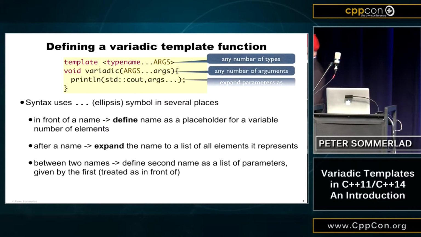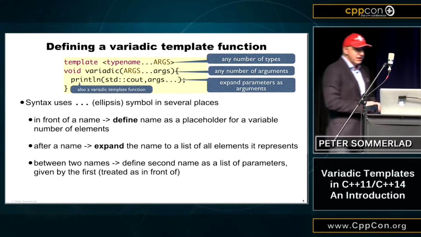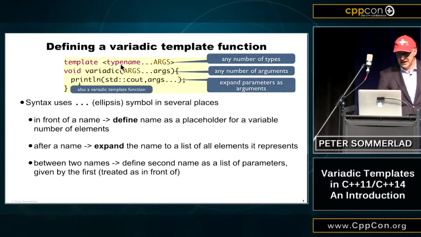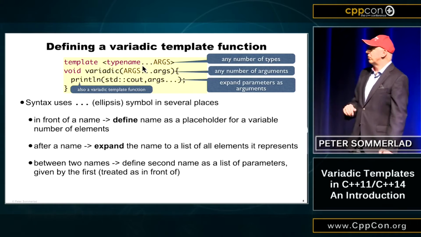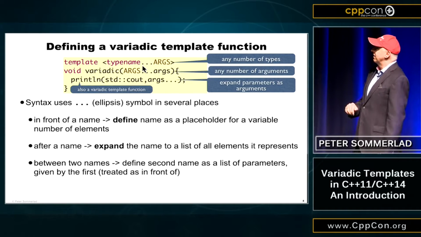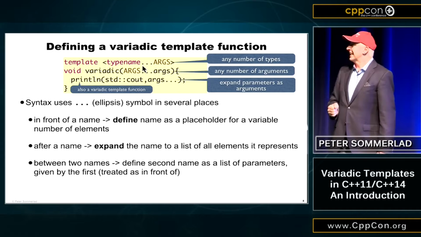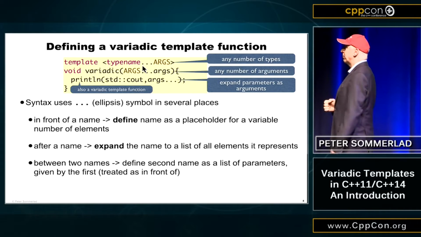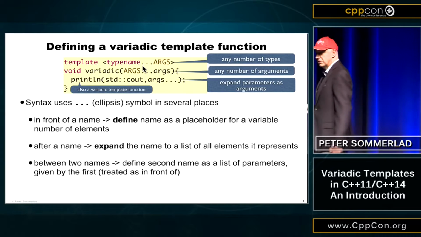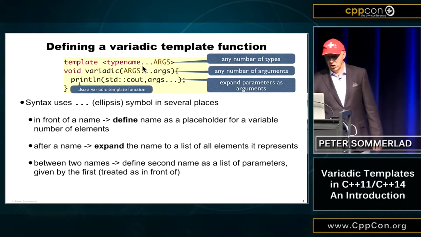So defining a variadic template function reuses a little bit of syntax, the ellipsis we already know from C, but in a more structured way. We have typename or other template arguments with a variable number of those, which can be 0 or more.